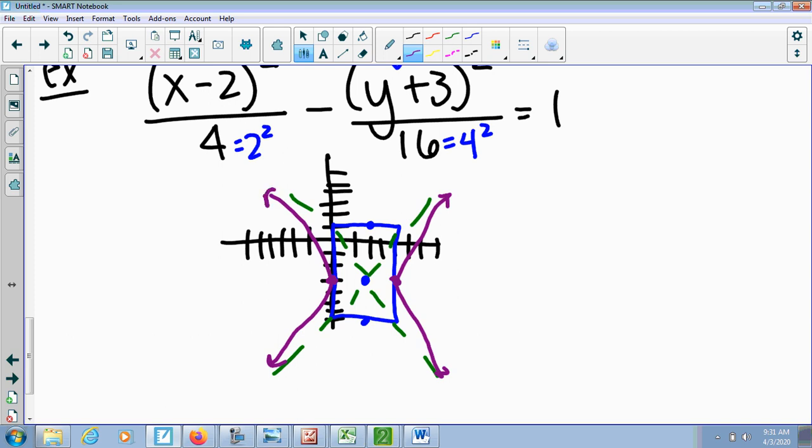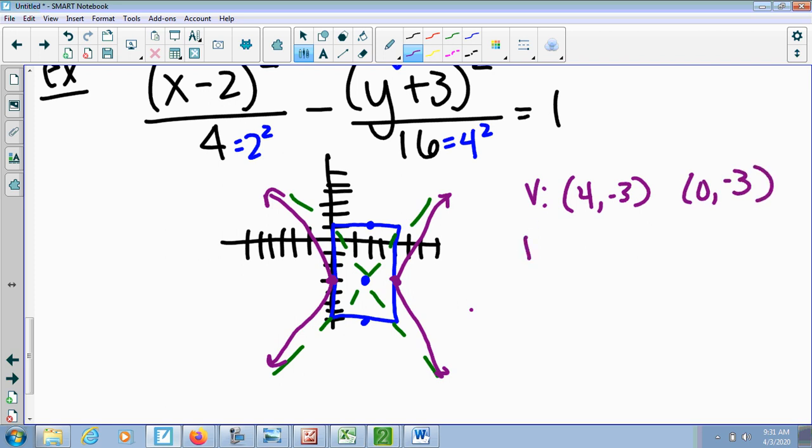Okay. And now we'll write down what our vertices are and our foci. So our vertices are the points on our hyperbola here. So this one is 4, -3. And the second one is going to be 0, -3.